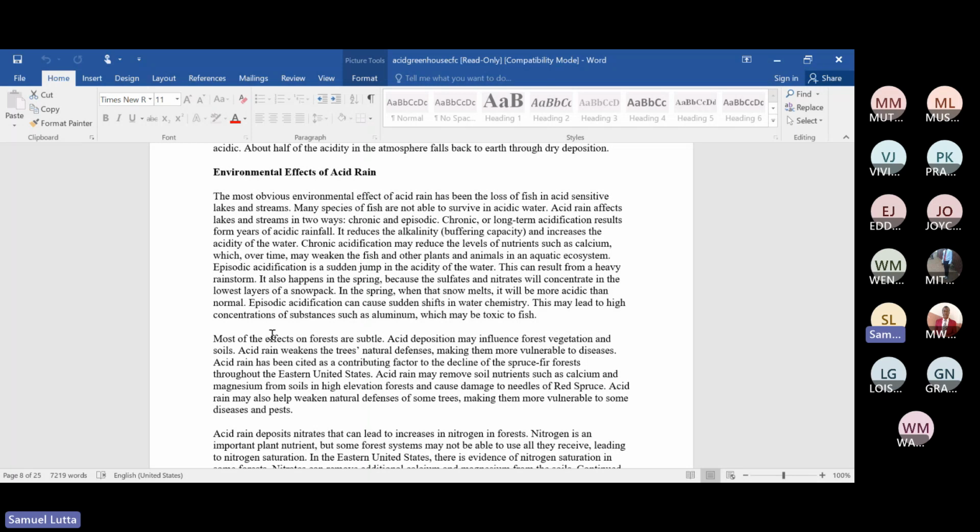And also, we need to know that these acids are normally corrosive or irritating in nature. So when the pH is a bit low, then it's likely to affect the creatures which are living in water. So we talk about chronic acidification, which might also affect the uptake of nutrients, and this in turn may affect the aquatic system. So it has a lot of effect.